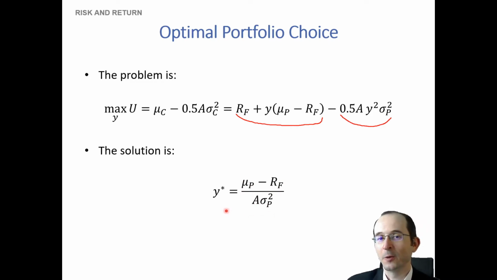So this is our optimal allocation to the risky asset, and you can see it's just in terms of the givens to the problem: the expected return to the risky asset, the risk-free rate, the coefficient of risk aversion, and the standard deviation or the variance of the risky portfolio.